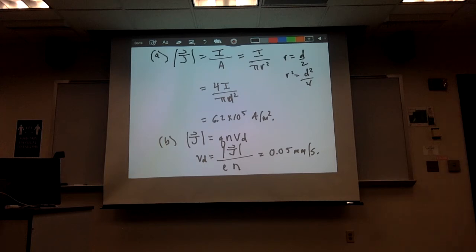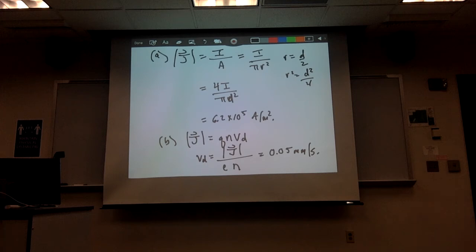So the question is, how come I can turn this on instantaneously if it takes 5 hours for one electron to go all the way through the wire?